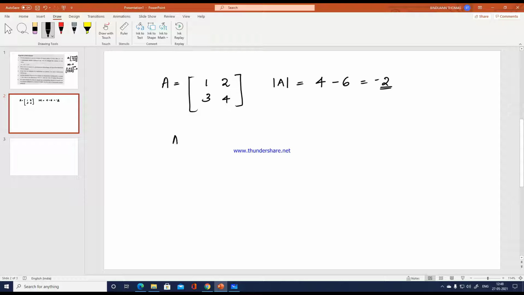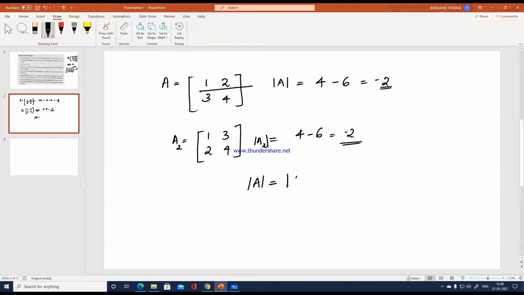Now if I interchange the rows to columns, 1, 3, 2, 4, let it be A2. The value will be 4 minus 6. So it says that the determinant of A is equal to the determinant of A transpose.